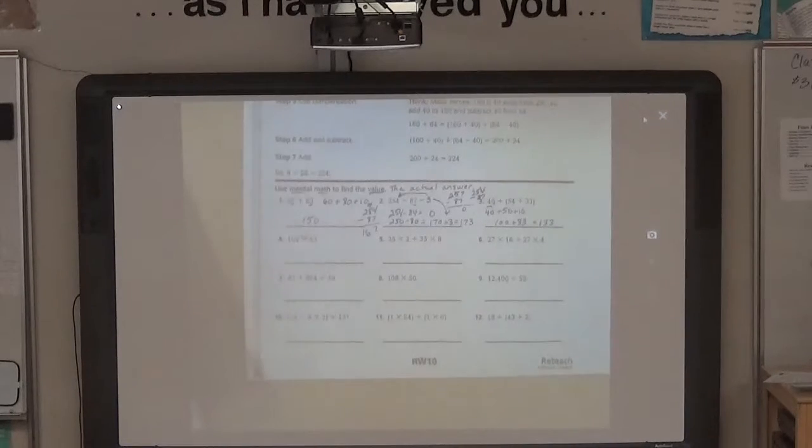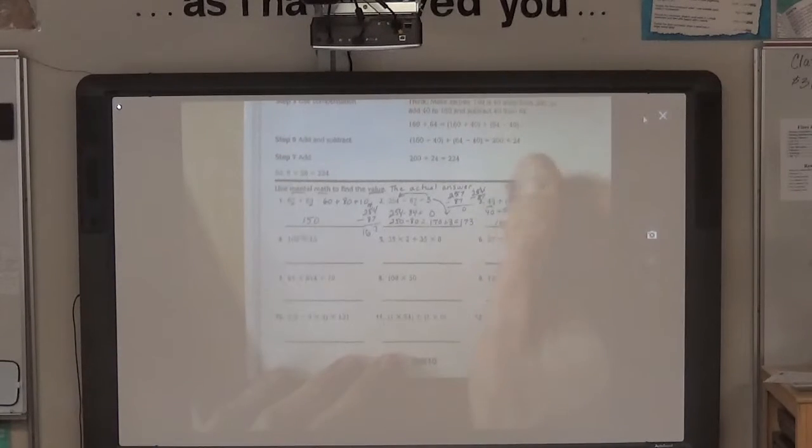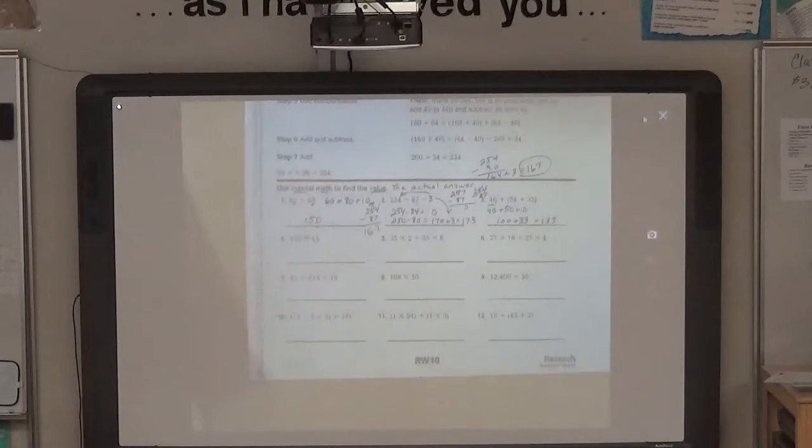Maybe 254 minus 90. 254 minus 90 would be 164, and then plus 3, which is 167. That would work. So that's something that we could do.